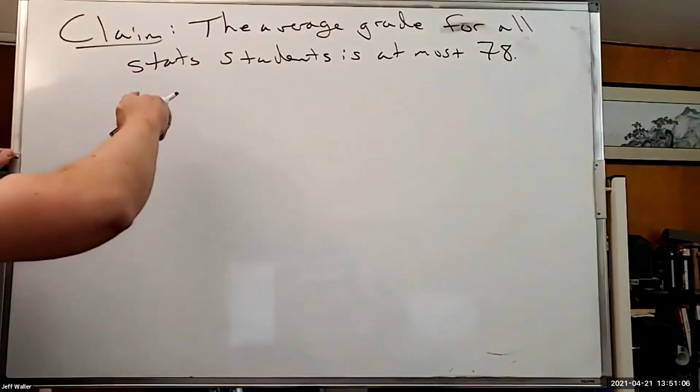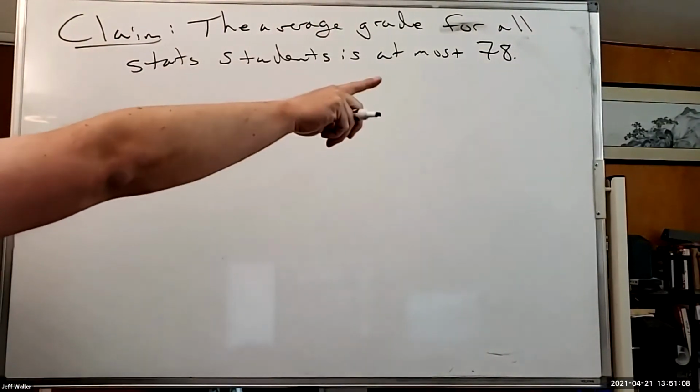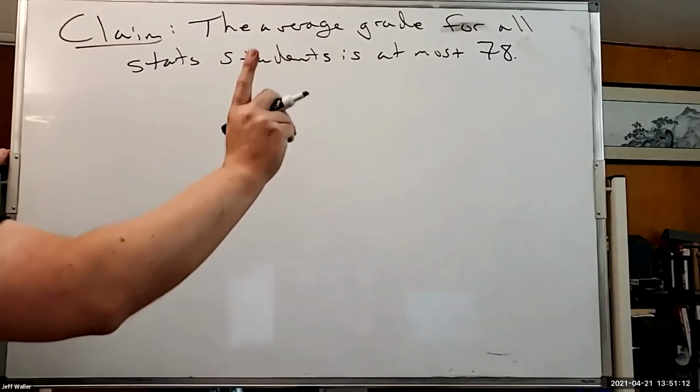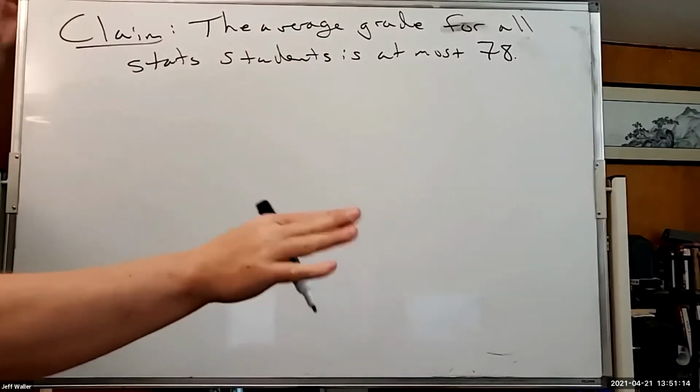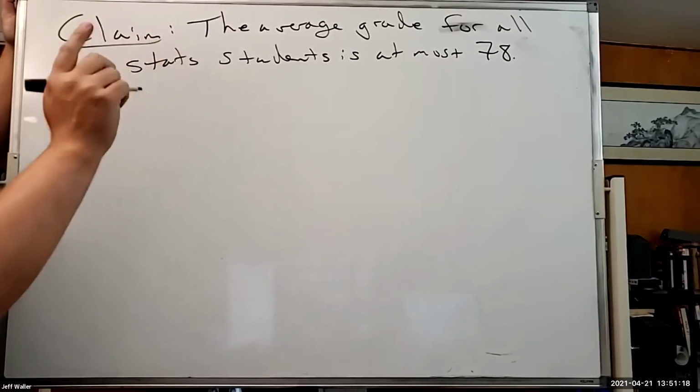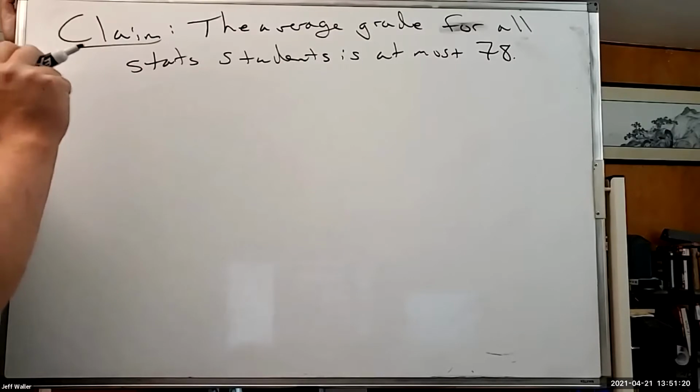All right. So the average grade for all stat students is at most 78. Take a few seconds. Can you write down the claim in Mathish?